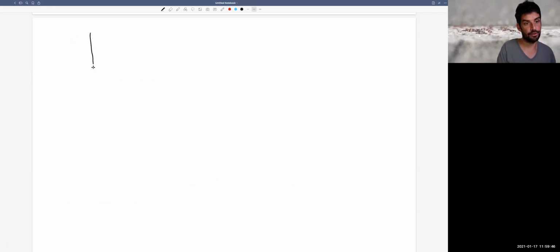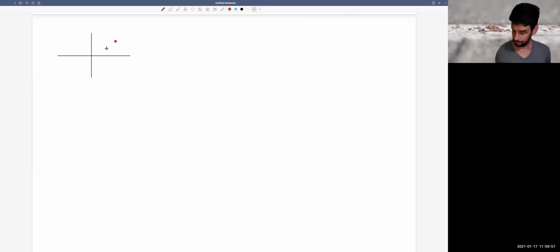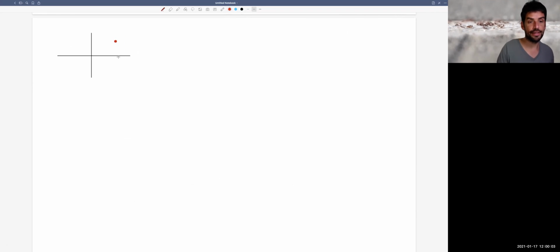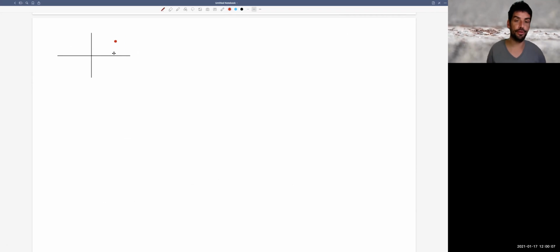So let's start with some axes, and let's put a mass out here somewhere, okay? So this mass, we're going to determine its moment, right?